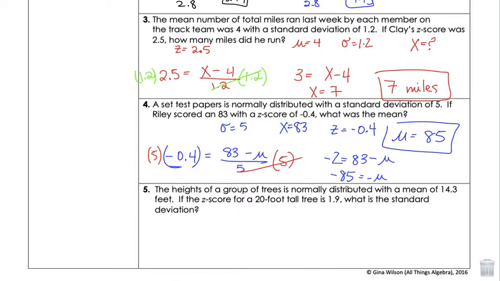Last one on this page. The heights of a group of trees is normally distributed with a mean of 14.3 feet.